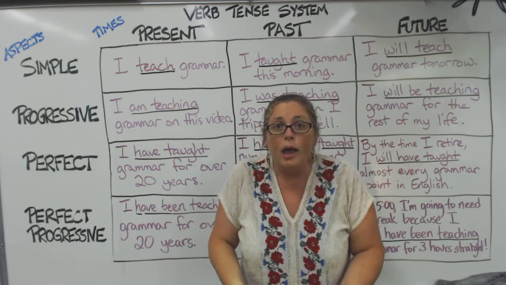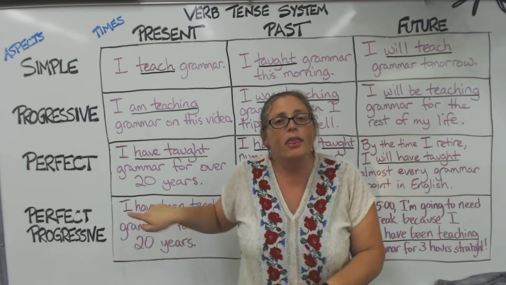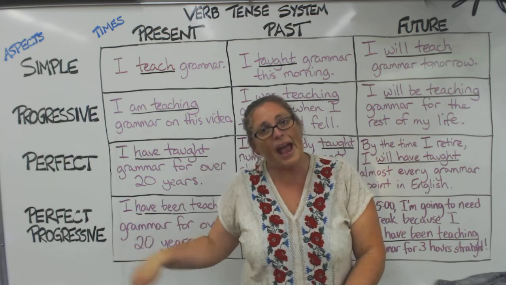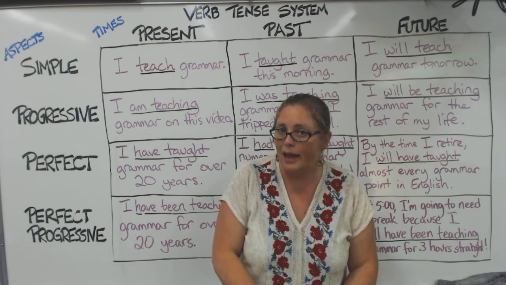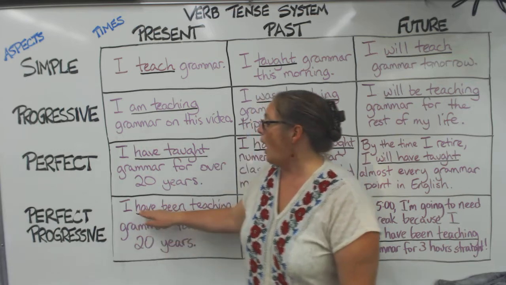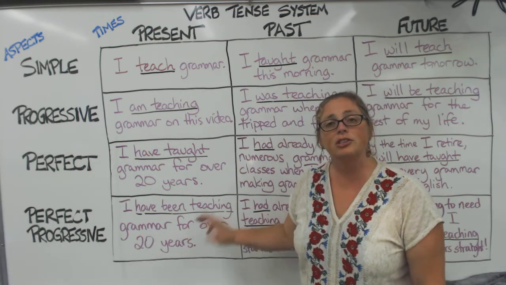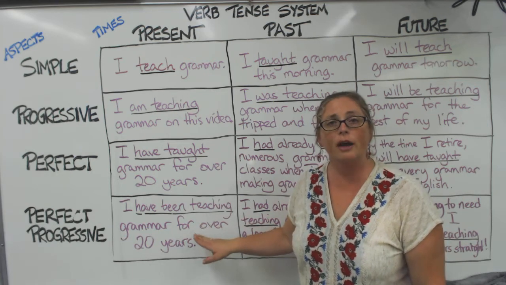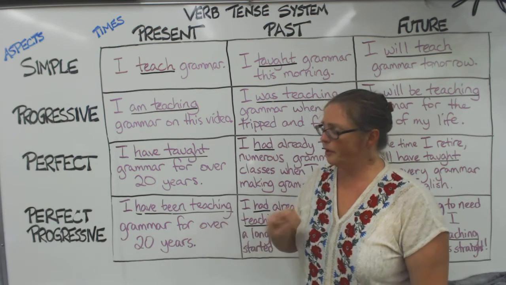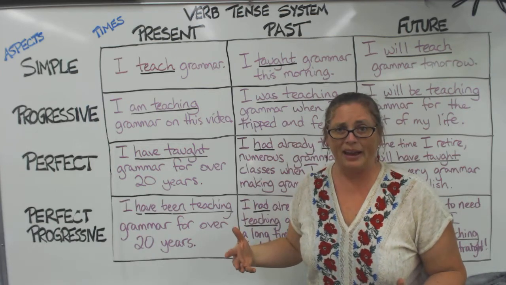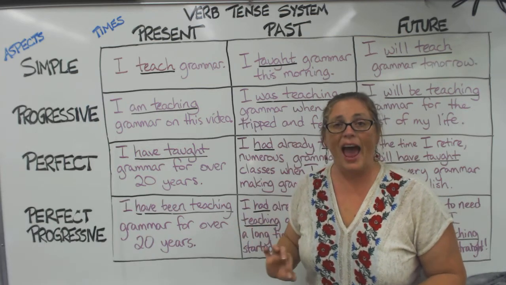It's now. But it says this action started before now and is not finished now. So I have been teaching grammar for over 20 years. It started before now and it is not finished now. We're looking at two different aspects of this action.